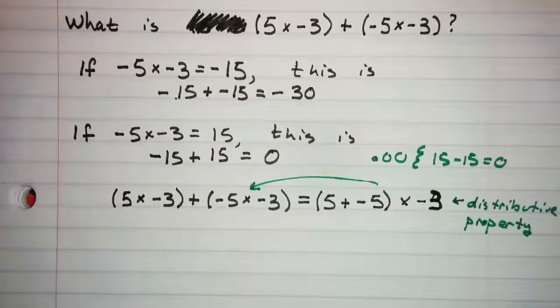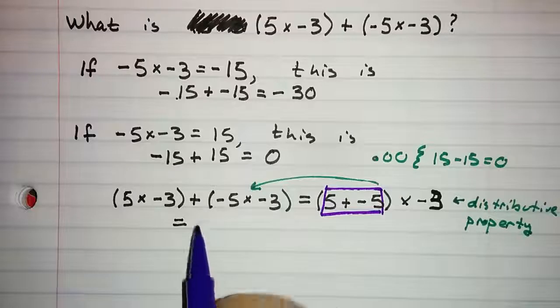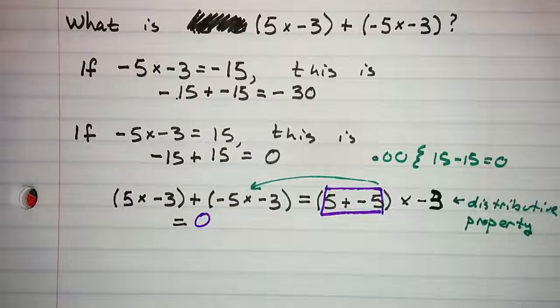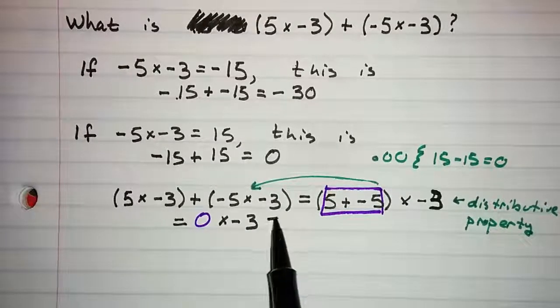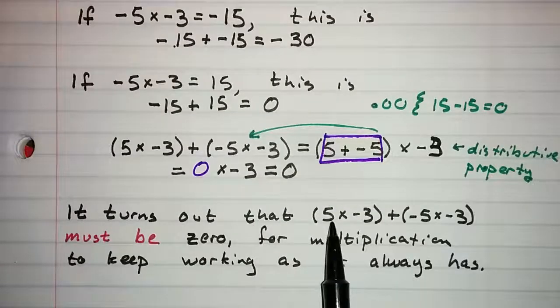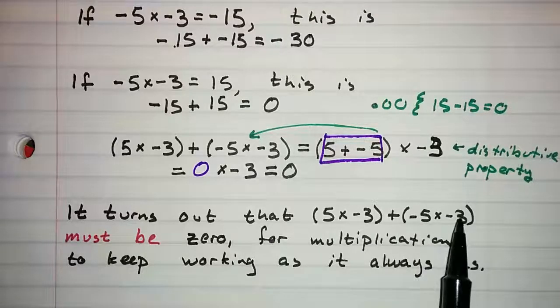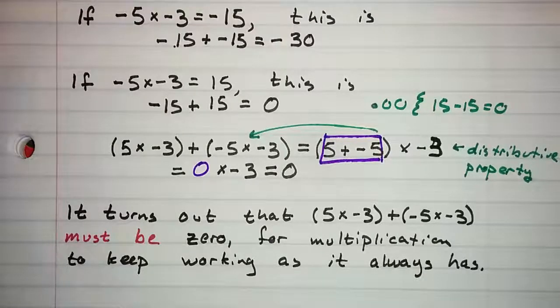Well, okay, but now let's do this arithmetic in the parentheses. 5 plus negative 5. Opposite signs, so we want subtraction. This sum in the parentheses works out to be 0. And 0 times anything is still 0. So it turns out that positive 5 times 3 plus negative 5 times 3 must be 0 if multiplication is going to keep working like it always has.